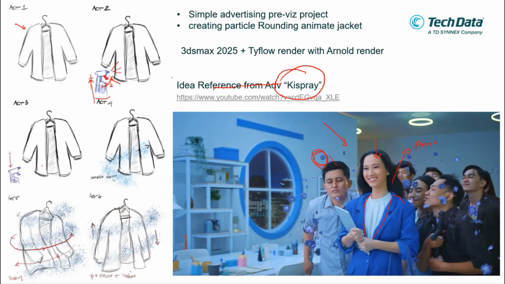After they spray, the spray goes down to the next frame, until the particle comes here, until the jacket is shaking. They animate, shaking up and down. That's a simple one, right?